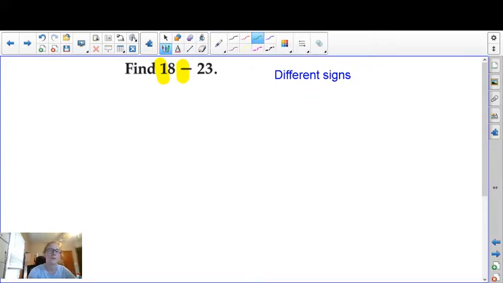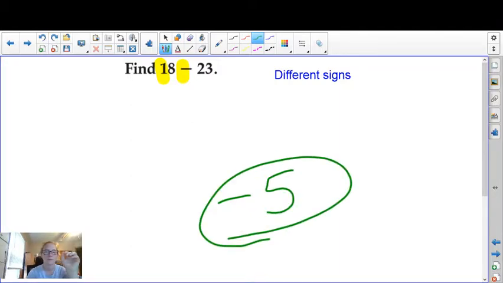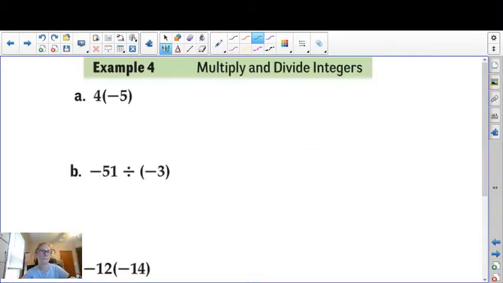Well, 23 itself is a bigger number, so my answer is going to end up negative. And then if I take the difference between the two of them, 18, 19, 20, 21, 22, 23, 5. So my answer is -5. Maybe I just gave some of you an insight of how to count a little bit better.